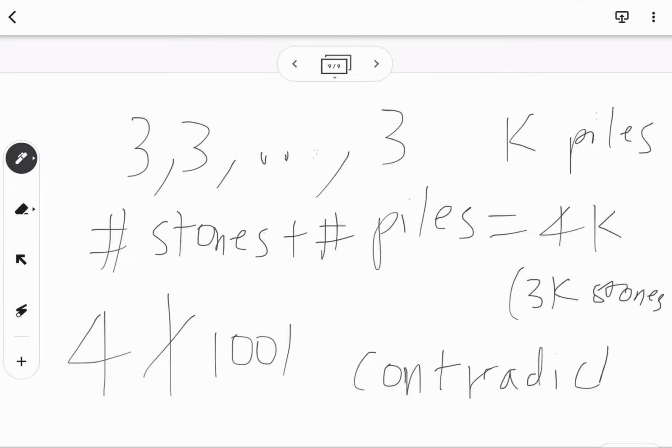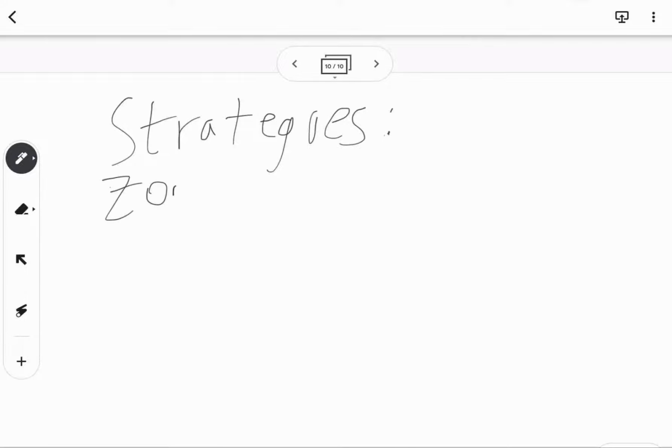So if you notice from the strategy that we tried to solve the last problem, oh yeah, I'll go over some strategies now that we've seen some examples. Try to look at the most basic, zoom in on the most basic structures.